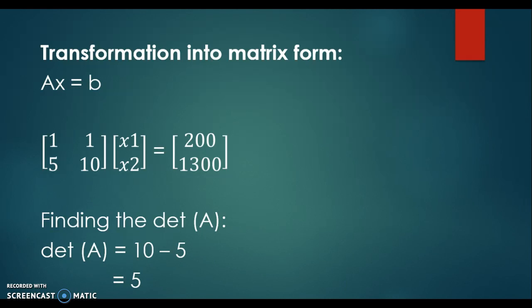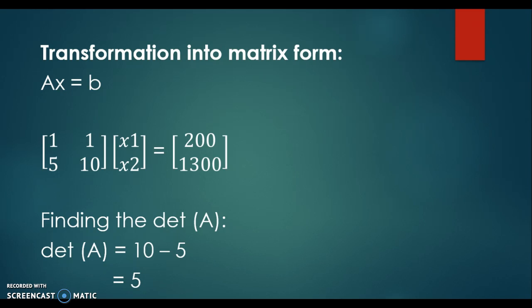From the matrix that we computed earlier, we have Ax = B, which is the general formula for matrices. So here we have 1, 1, 5, 10, which is matrix A, x1, x2, which is matrix x, and 200 and 1,300 for matrix B.